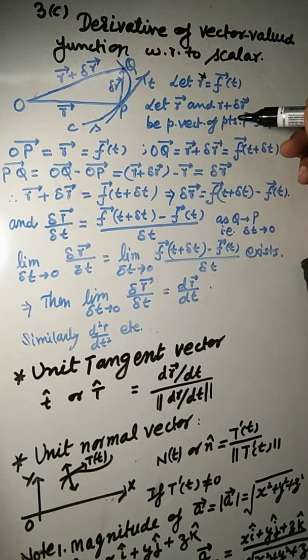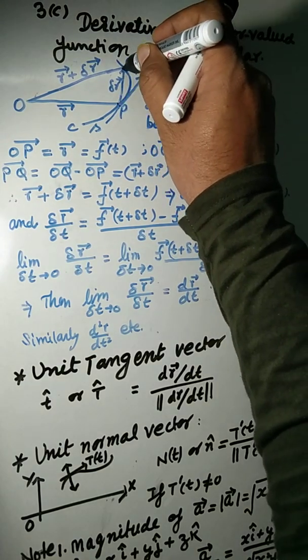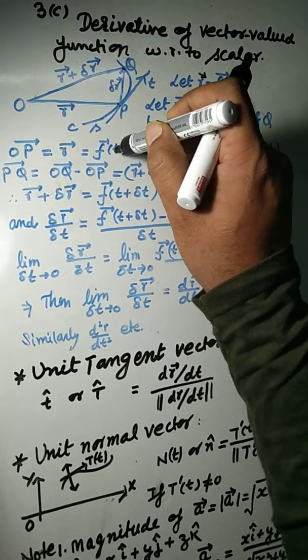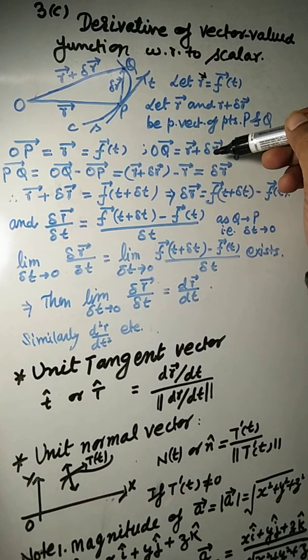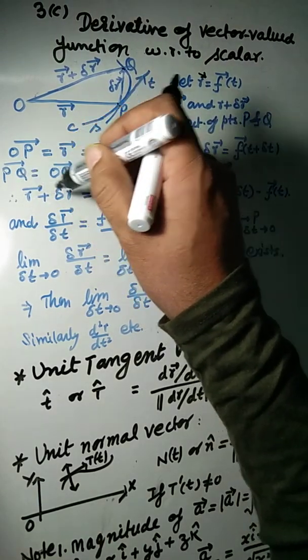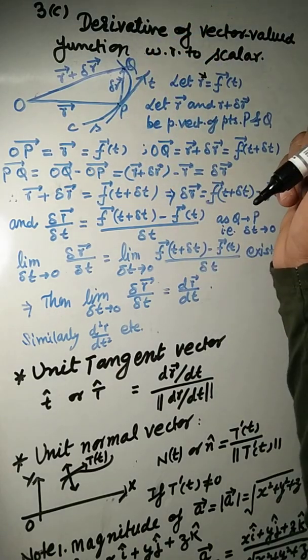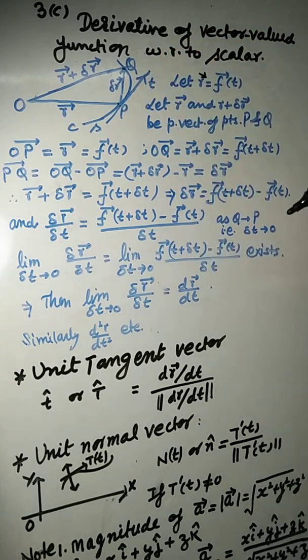This function R and R plus delta R are position vectors of the points P and Q. So OP is R, let us consider f(t). OQ is equal to this one, and then PQ equals, as we know, OQ minus OP. This is PQ. We will obtain it this way.